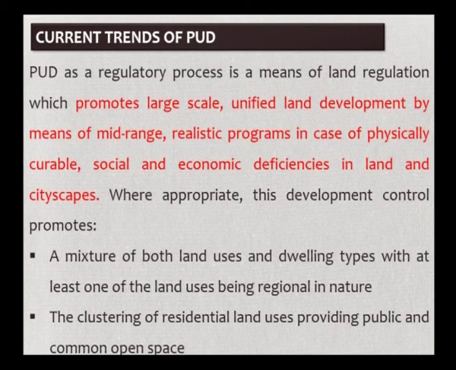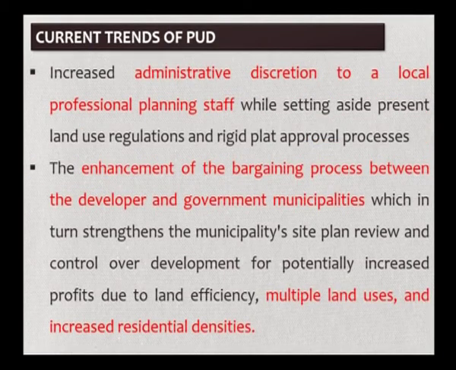Where appropriate, this development control can promote both a mixture of land uses and dwelling types, with at least one of the land uses being regional in nature, the clustering of residential land uses providing public as well as common open space, and increased administrative discretion to a local professional planning staff while setting aside present land use regulations and rigid approval processes.